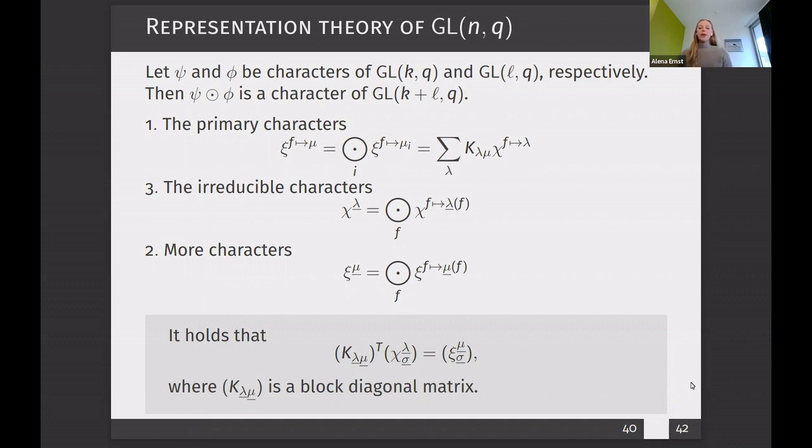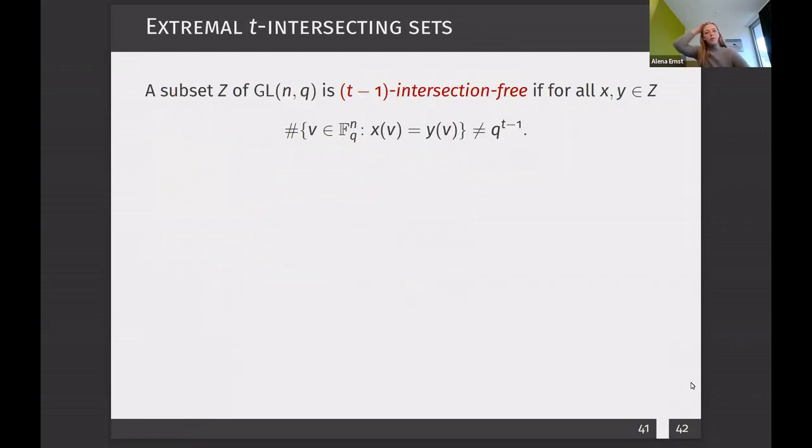Now I still wanted to comment shortly on the results for the extremal case. As I mentioned a few slides before, the upper bound and the conjecture were proved in a different setting, namely for t-1 intersection free sets.